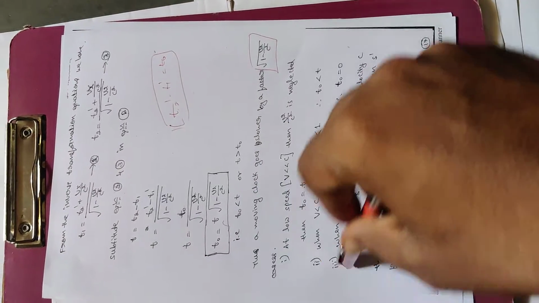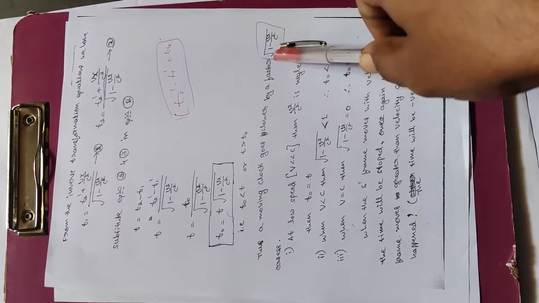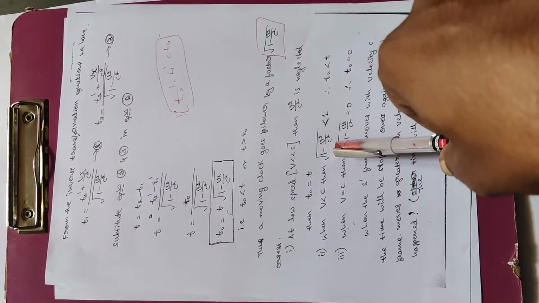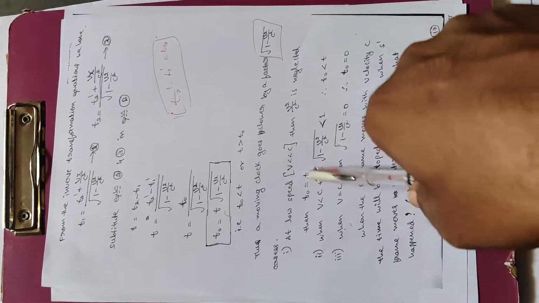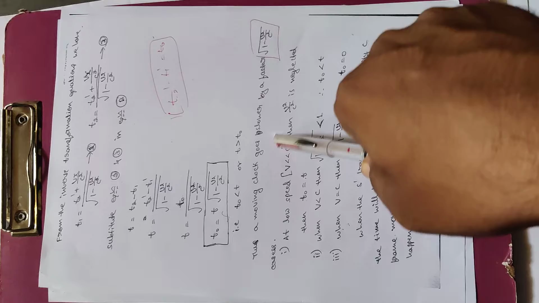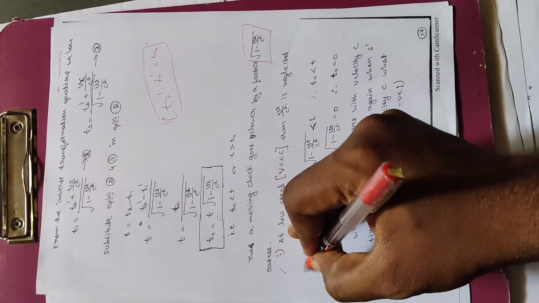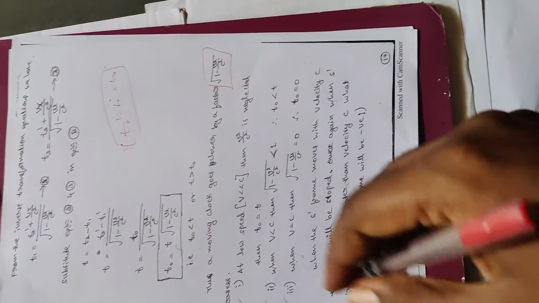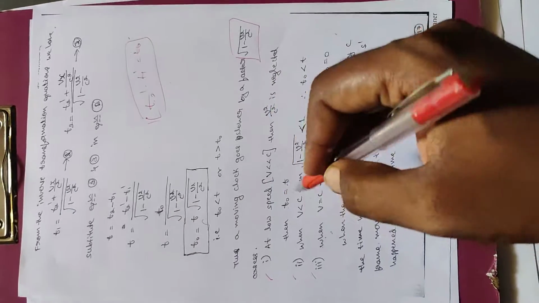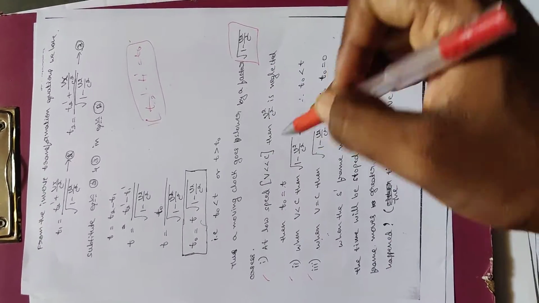In length contraction, by the same factor the length got contracted. By this factor, the time goes slower. There are different cases compared with the speed of the object.